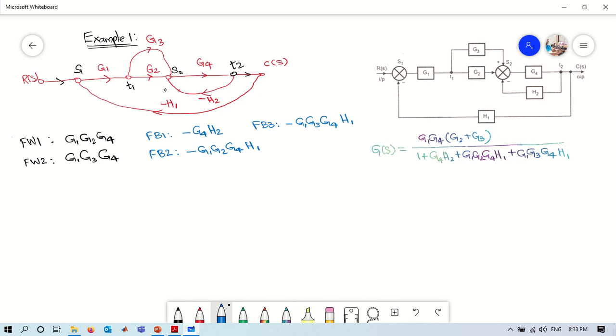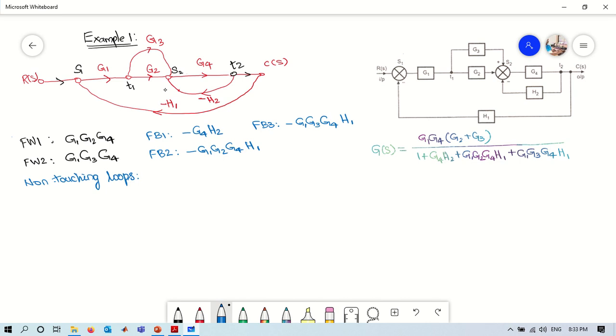And next what we need to do is identify the non-touching loops. So if I consider the loop G4H2, it is touching the forward path G2 and also forward path G3.